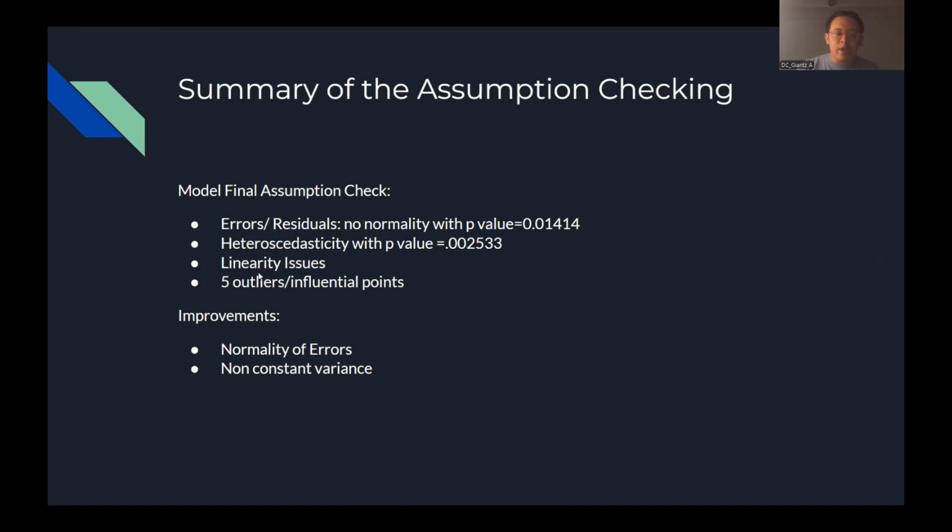We need errors to follow a normal distribution. We need constant variance. We also need to address the linearity issues, which are still present. So overall, the final model still has issues that need to be addressed, but compared to the original model, it's an improvement, though a slight improvement overall.